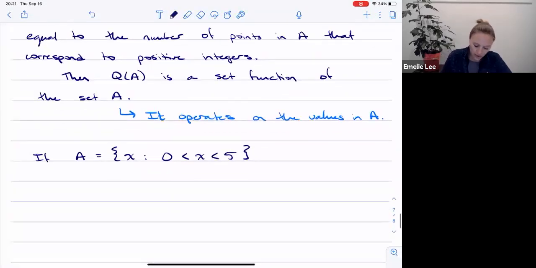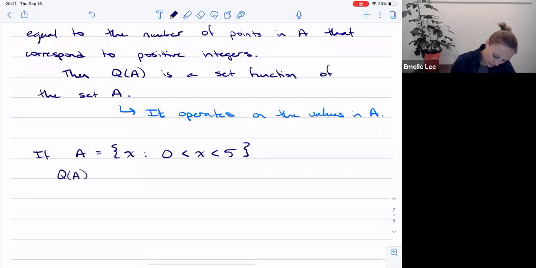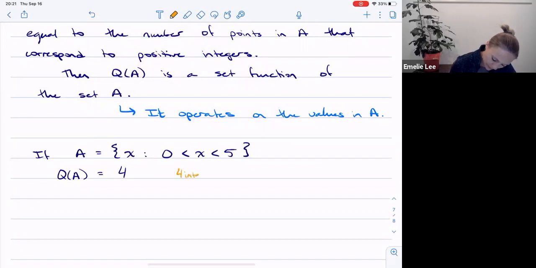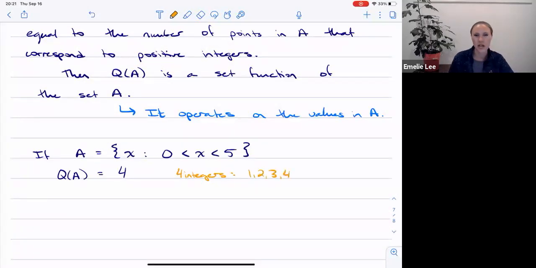So then Q of A is, how many integers are there? Well, 1, 2, 3, 4. Those are the only ones that are in there, right? And so there are 4 integers in there, and they are 1, 2, 3, 4, just to highlight what they are. Because sometimes having 2 4s here might be confusing, right? But it's 4 integers.